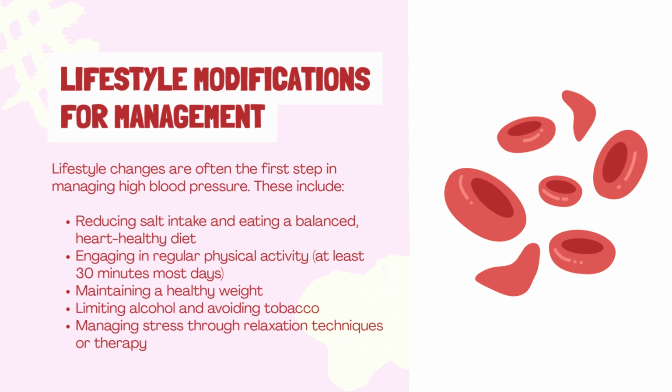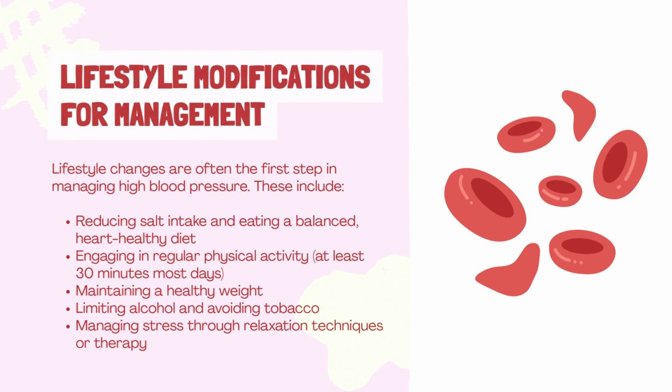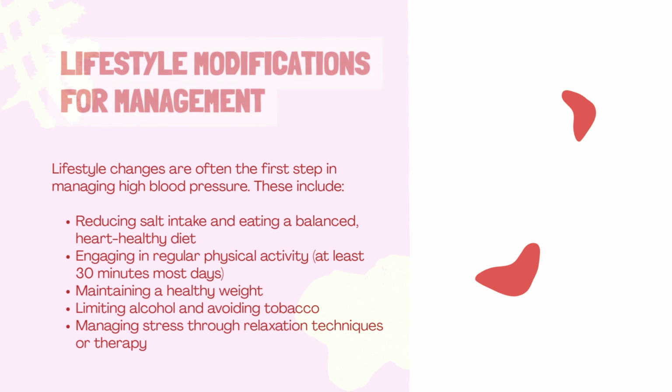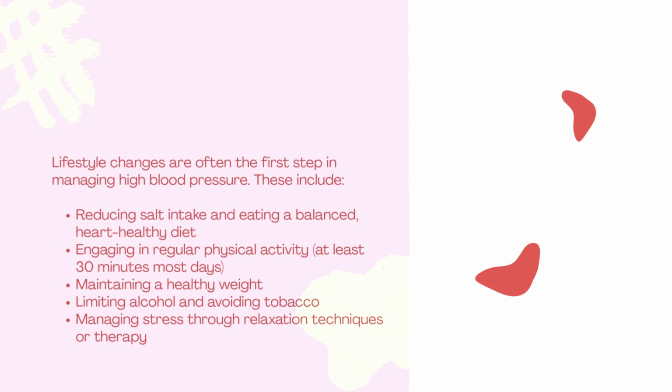These include reducing salt intake and eating a balanced, heart-healthy diet, engaging in regular physical activity, at least 30 minutes most days, like a 30-minute walk every day, and maintaining a healthy weight. No alcohol or tobacco, no intoxication, for the management of hypertension.